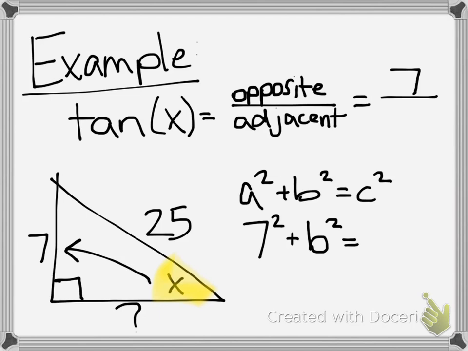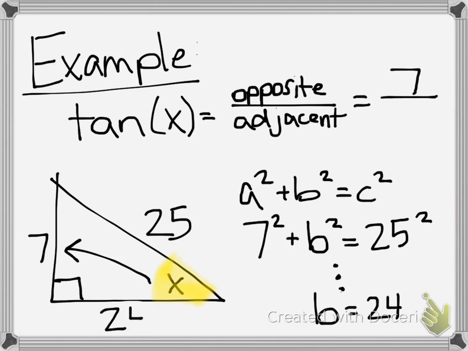And then we know our hypotenuse in this example, so c is 25. So once we do all of our work, we get b is equal to 24. And so now we can fill in the side length down at the bottom and put it down as 24.